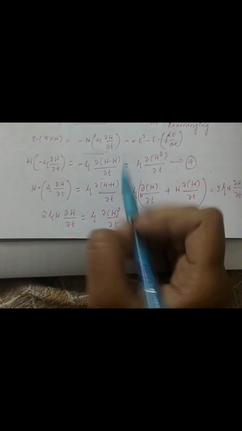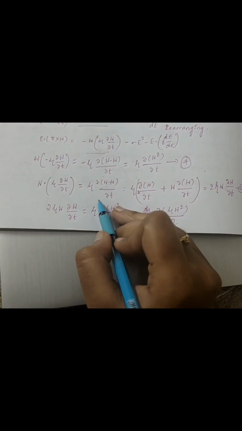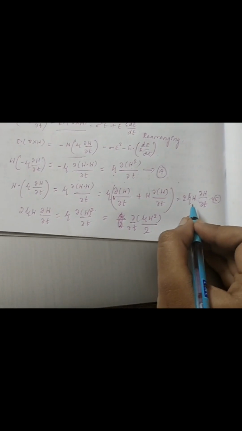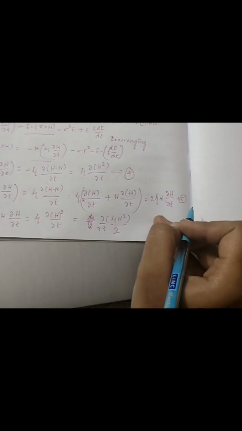After getting your equation 4, this term is like that only, this term is like that only. Here, for this H dot H, we are splitting the terms. So H dou H by dou t, and H dou H by dou t, so we're writing it 2 times. After that, you will get 2 mu H dou H by dou t. That will be your equation 5.